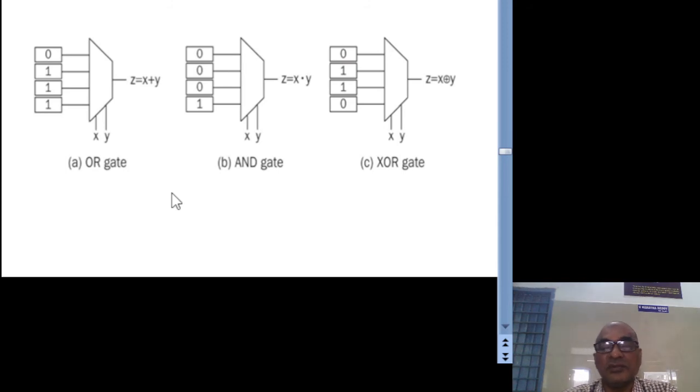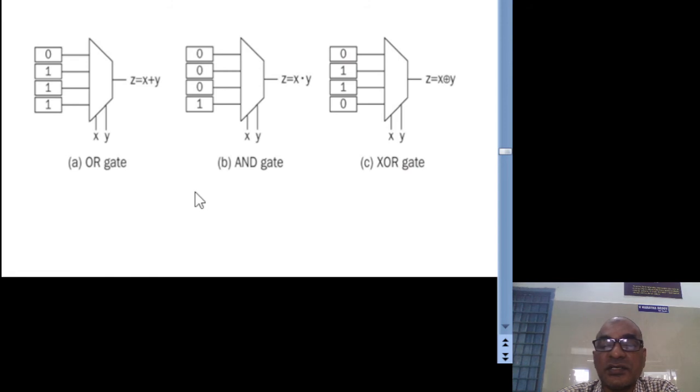Is it clear to all of you how to implement one variable functions on LUT? What is the size of RAM, what is the size of multiplexer, and how the realization can be done. Similarly, two variable functions on LUT. Two variable functions on LUT can be implemented using 4x1 multiplexers, which so far I have shown to you.